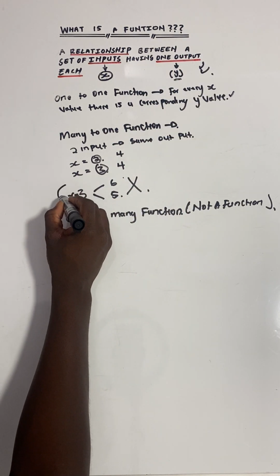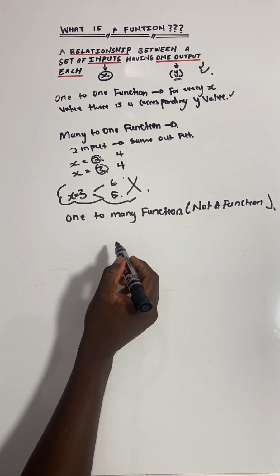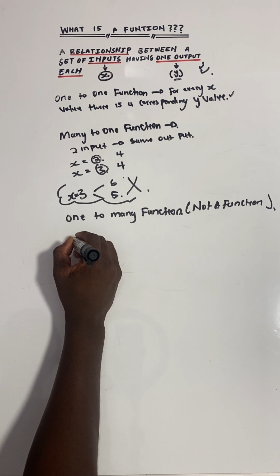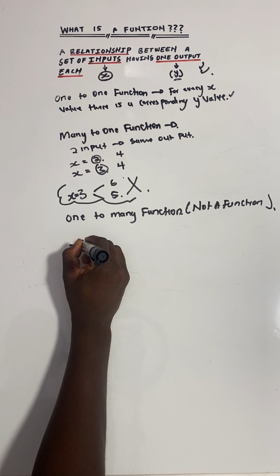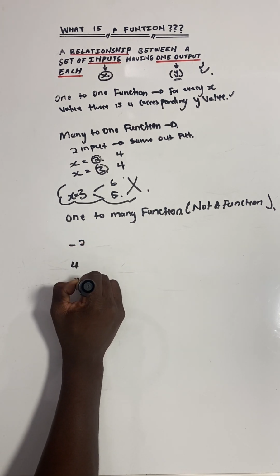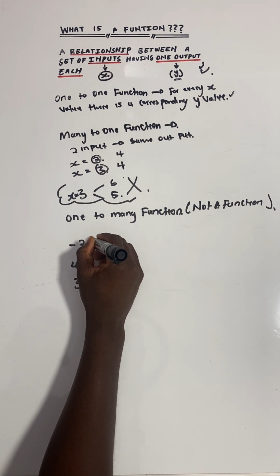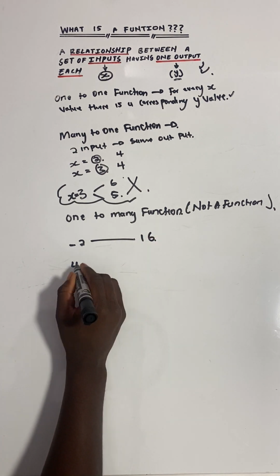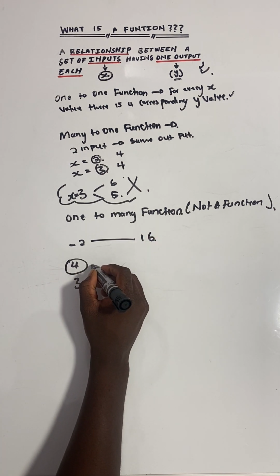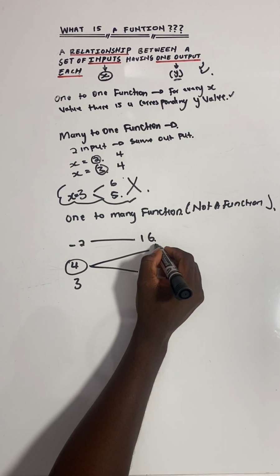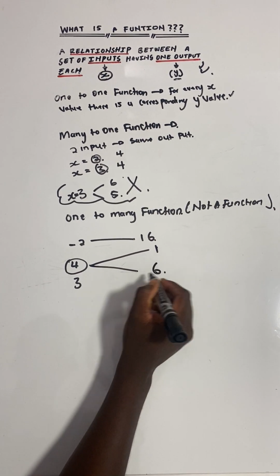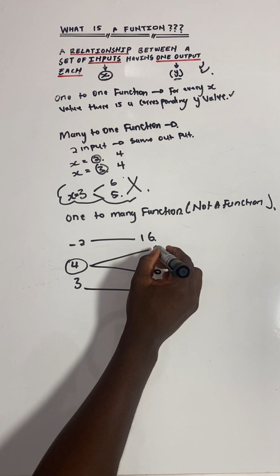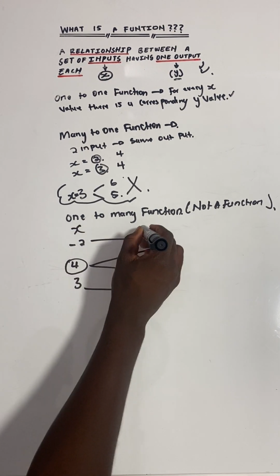It's where a single x value, for example, if we have negative 2, 4, 3, then this one would give us maybe an output of 16, but now you find that this 4 here will have different y values. Now this one is 1 and this one is 6. So this situation here is not allowed.